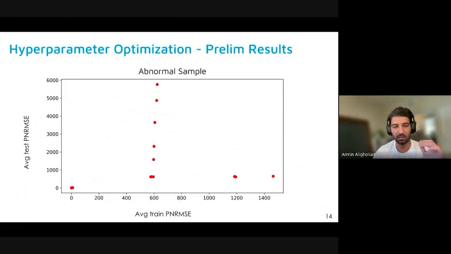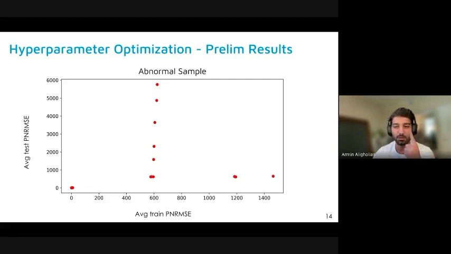More than 99% of the values for those meters, the average test PNRMSE, are inside of this concentrated region, pretty much a dot. But I'll show this specific region in the next slide. There are a couple of meters that are actually acting differently.